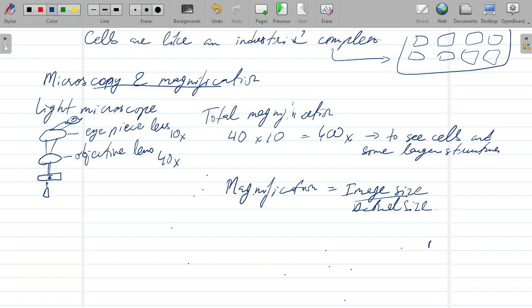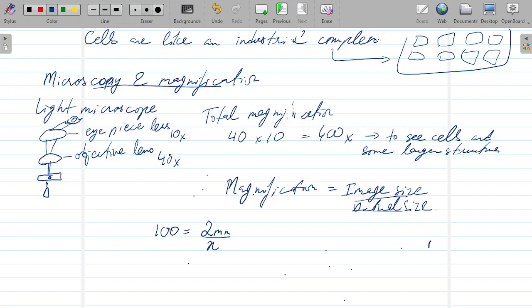If the image size, for example, is 2 millimeters, normally you'll be asked to find the actual size. You don't know the actual size, and that's x, and the magnification is, for example, times 100.